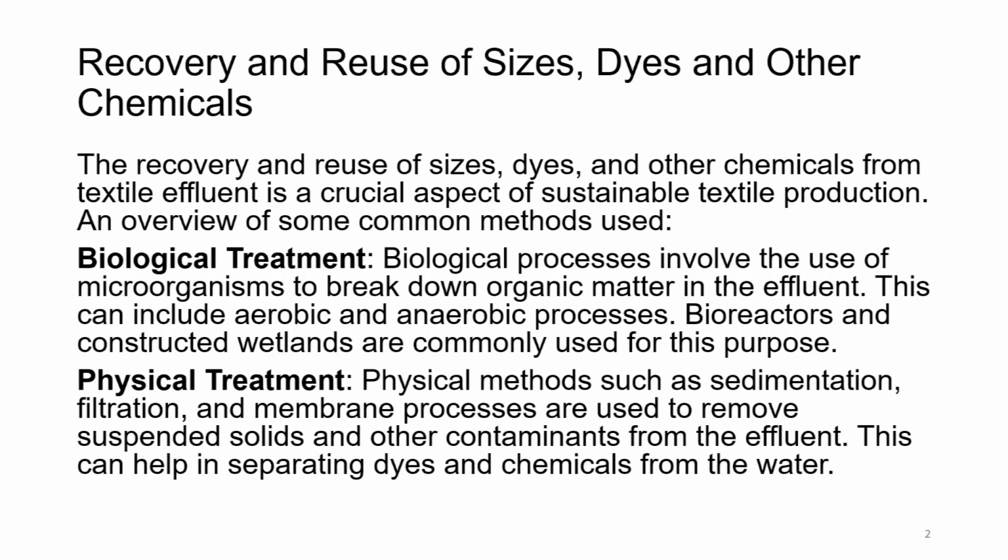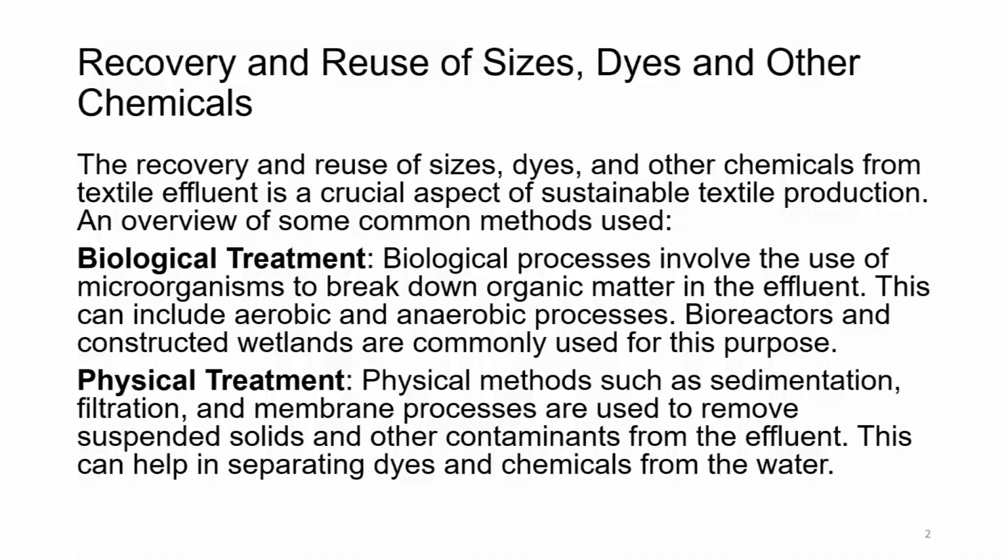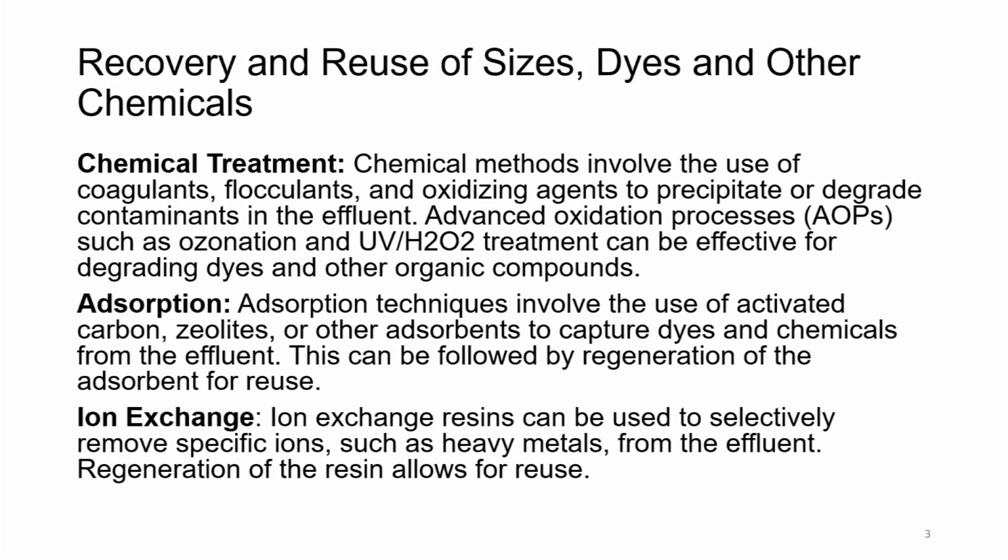So, some methods have been identified to extract useful compounds from this textile effluent, and those are biological treatment and physical treatment. Further on, even chemical treatment can help to recover some useful compounds.